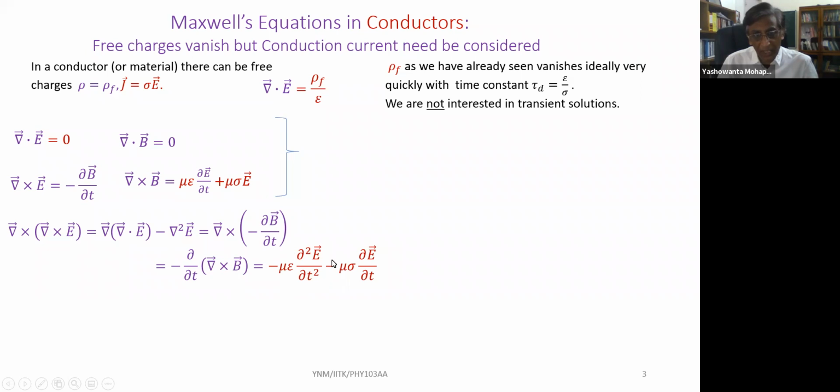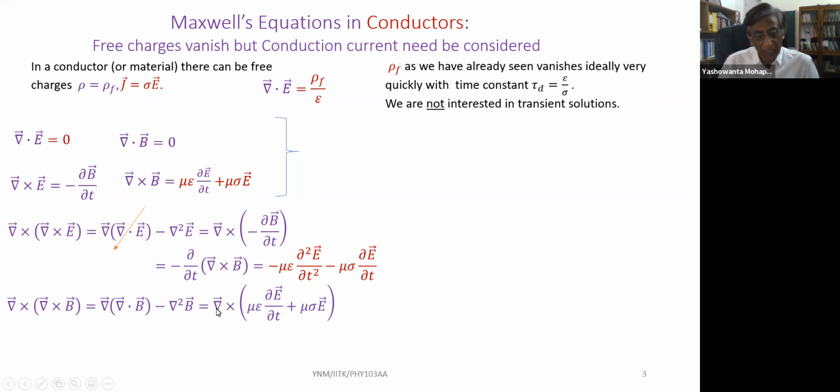One is the second order term, as earlier in the case of the dielectric, but there would now be this term coming from here, because del cross B has this term. Of course, this is equal to 0. Similarly, I take the curl of the other equation, and divergence B, of course, will become 0.